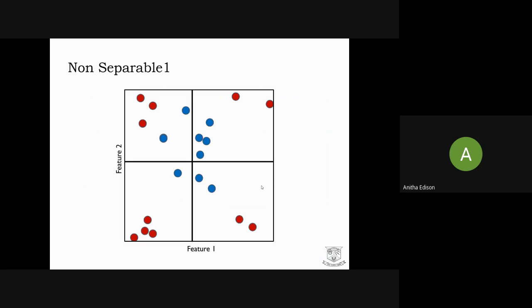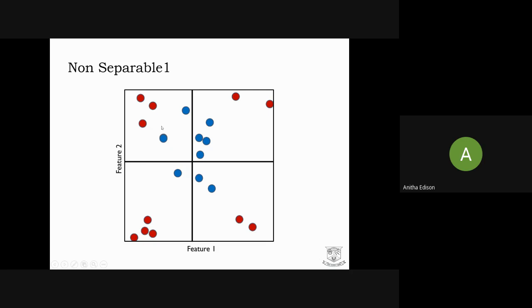Another important thing in support vector machine is the use of kernels. For example, if we have a two-dimensional feature like this, this blue belongs to one class and red belongs to another class.